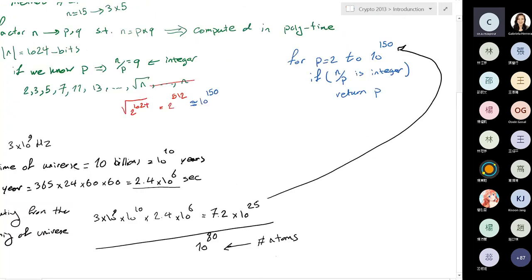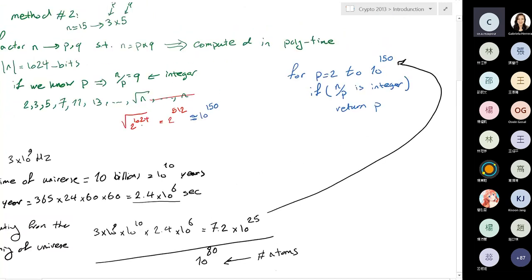And again, as I said, for today's computation, we would suggest using RSA of 4,000 bits. So a square root of that would be 2 to the power 2,048, which is far larger than what we have here, right?